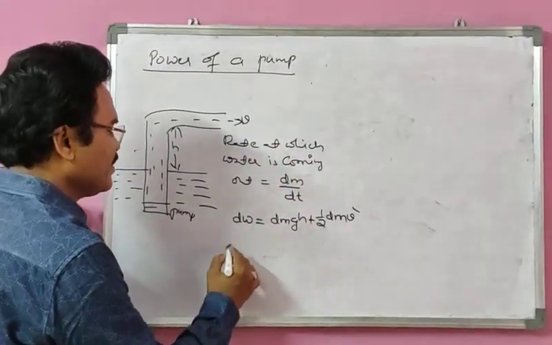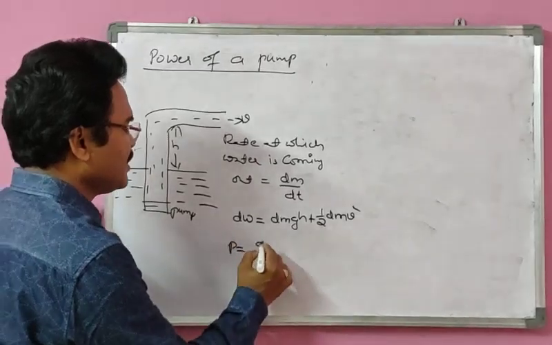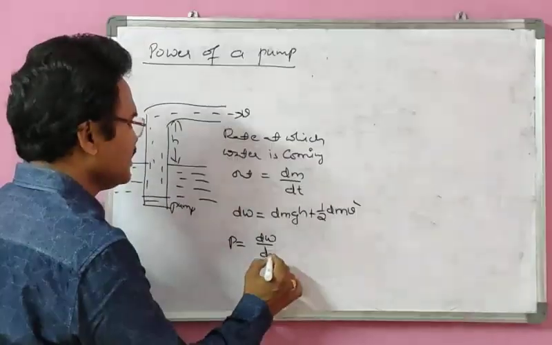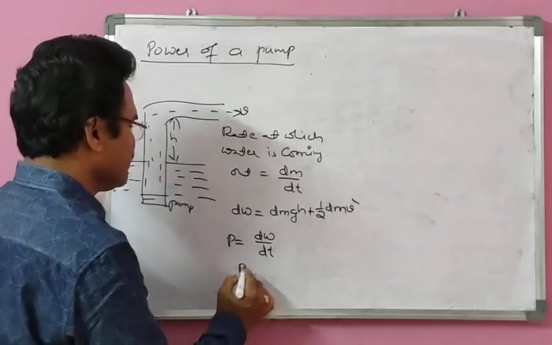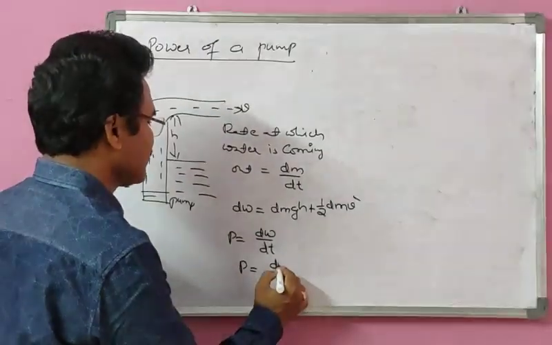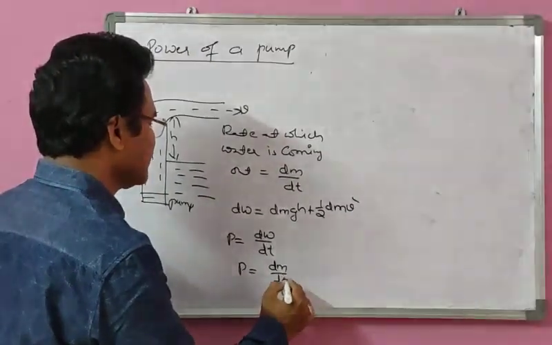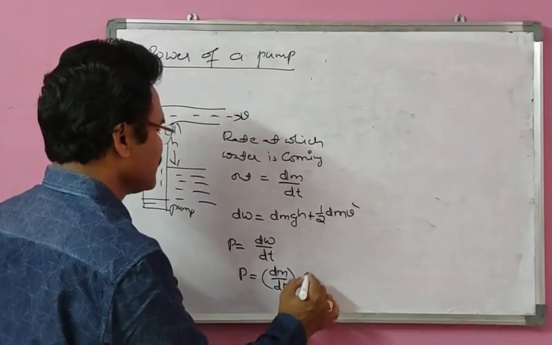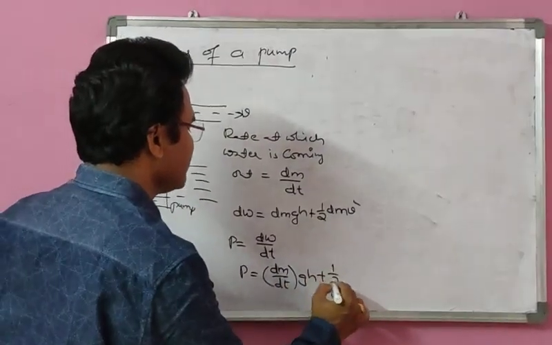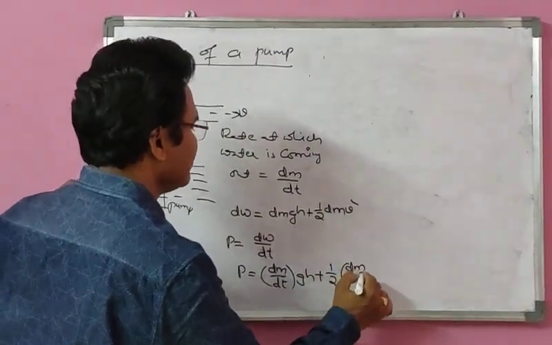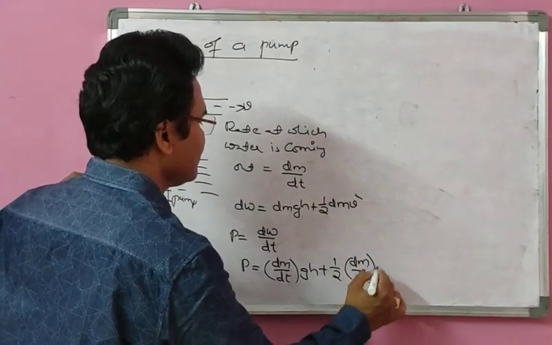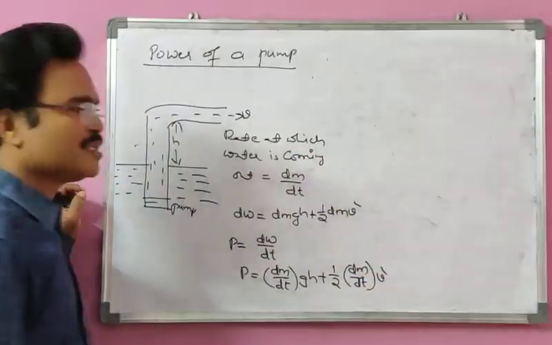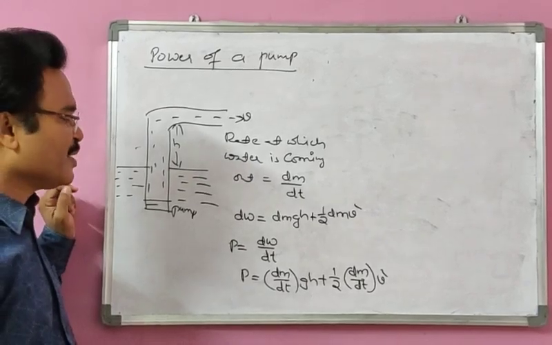Therefore the power of the motor or pump is dW by dt, which is dm by dt of gh plus dm by dt of half v square. So this is the power of the motor or pump.